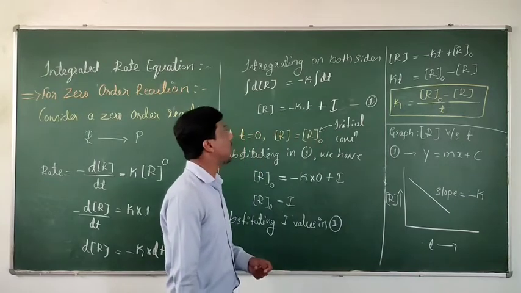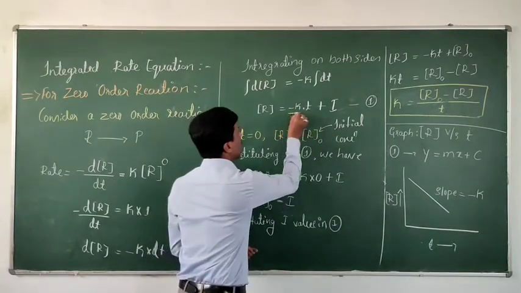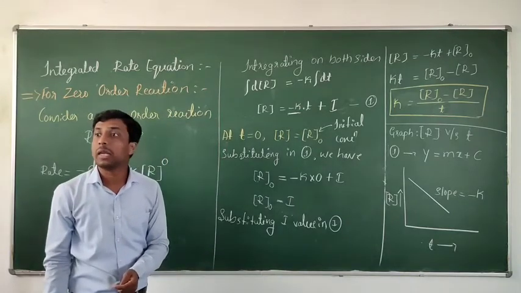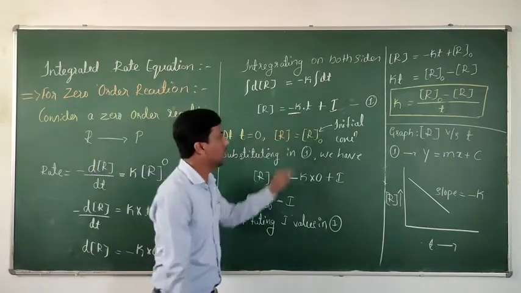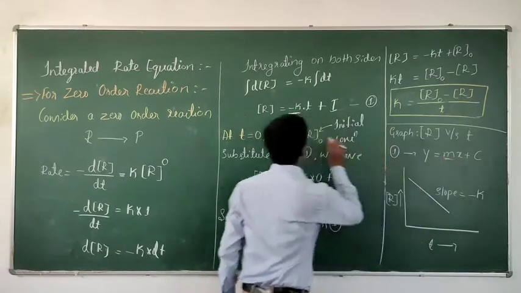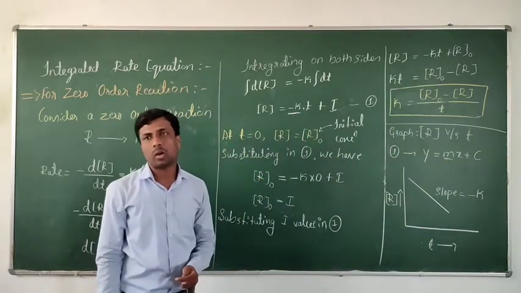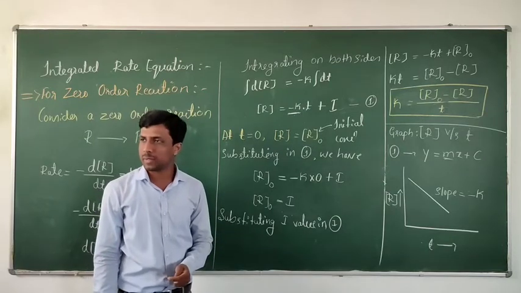In equation number 1, the k value is negative, so you get a negative slope, because in the place of m we have k here. Why is the value negative? Because the R value decreases as the time increases.